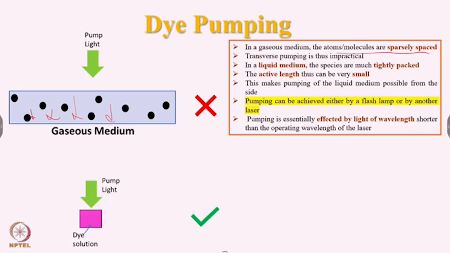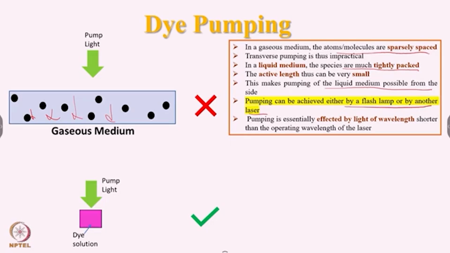In a liquid medium, the species are much tightly packed, and therefore the active length of a dye laser can be very small. This makes transverse pumping possible for a liquid medium, and pumping can be achieved either by a flash lamp or by another laser.